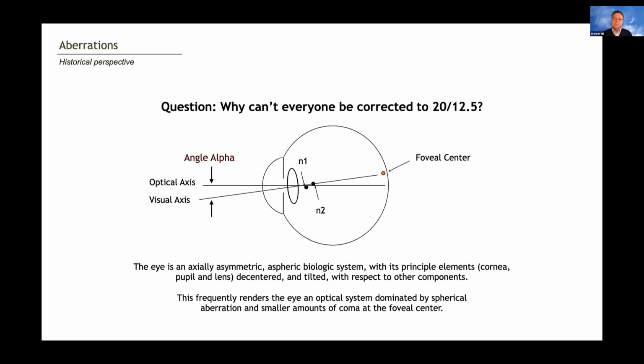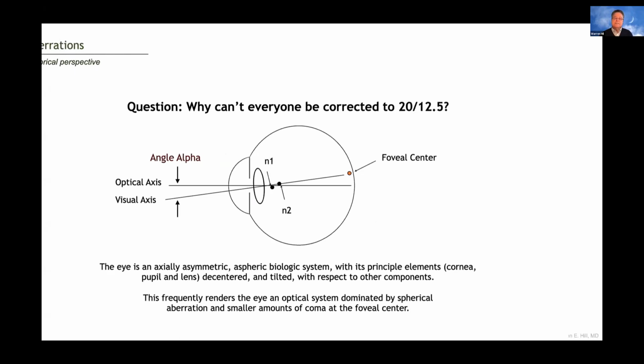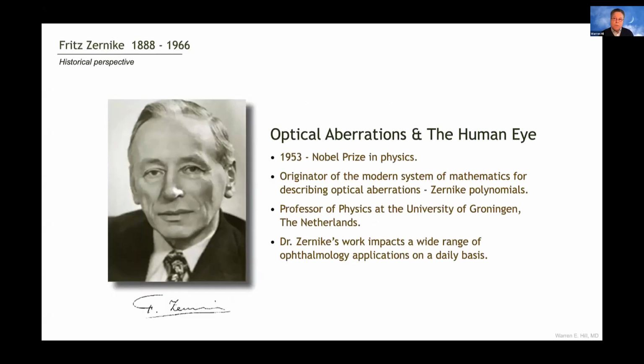So we're dealing with an imperfect instrument, and we need to have some idea as to the range of imperfections we're dealing with when we see if a patient is a candidate for some of these more sophisticated lenses. We're going to talk about the work of Fritz Zernike. Fritz Zernike was a Dutch mathematician who won the Nobel Prize in 1953, and the work that he did was around 1938.